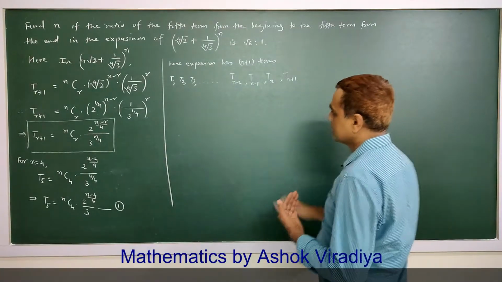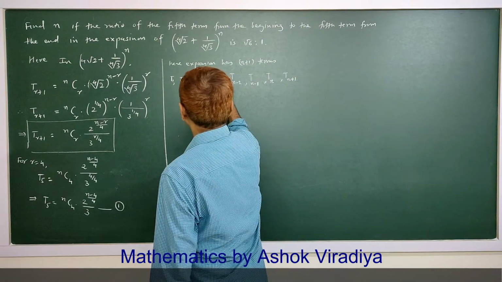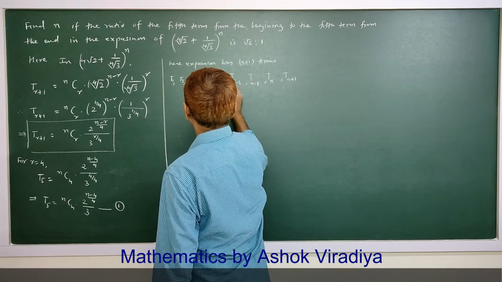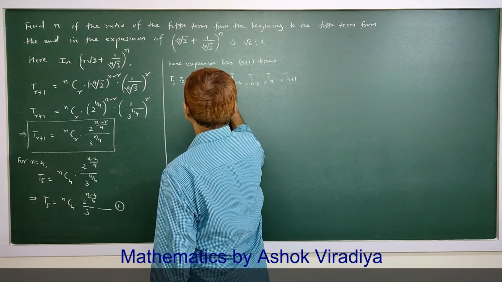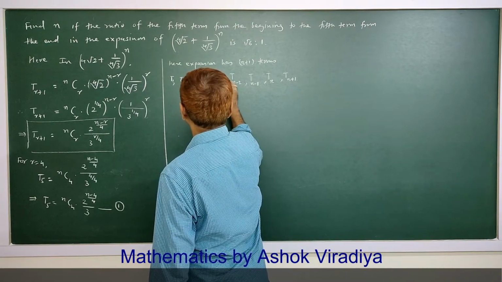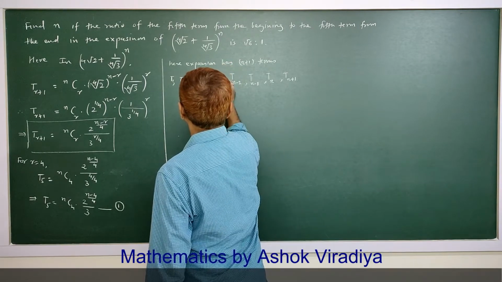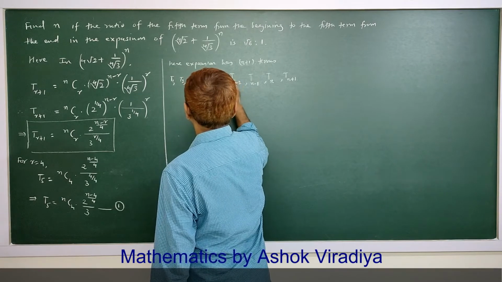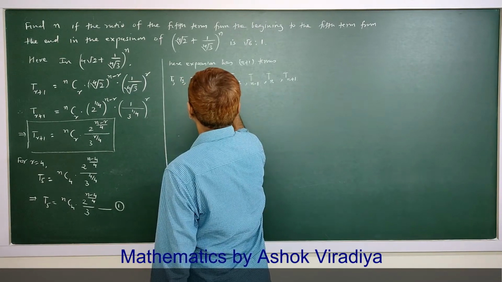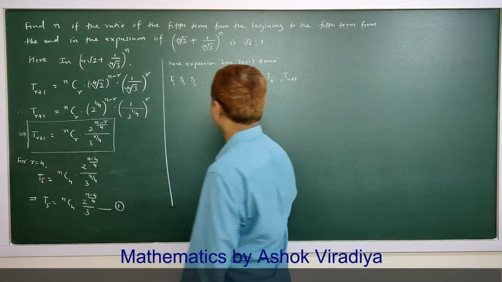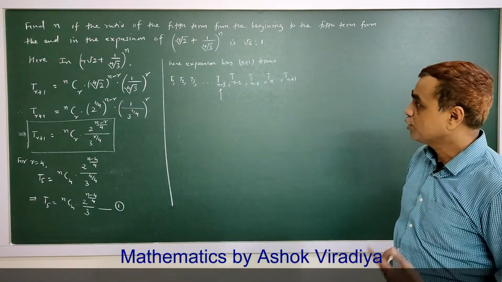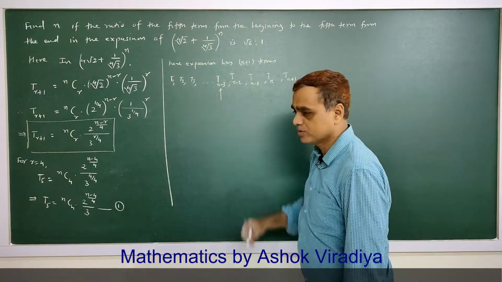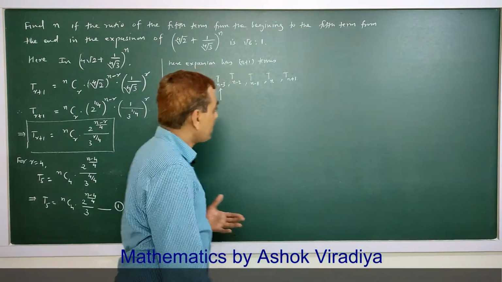And fifth last will be t n minus 3. So in this expansion, this term is the fifth term from the last. 1, 2, 3, 4, 5. So the fifth term from last.